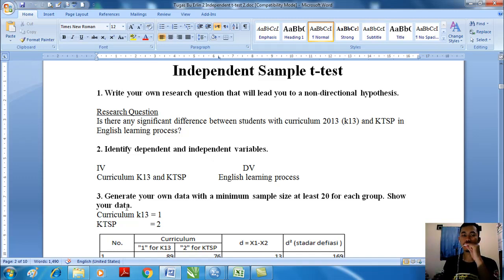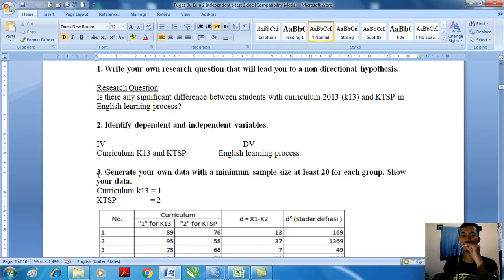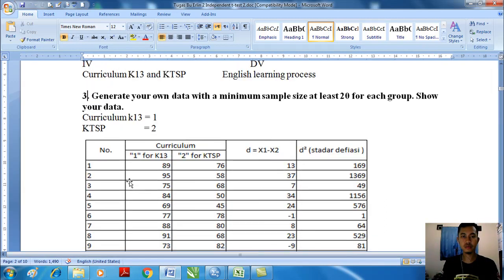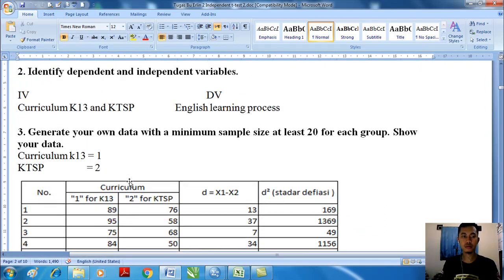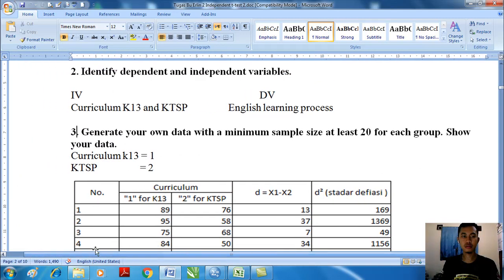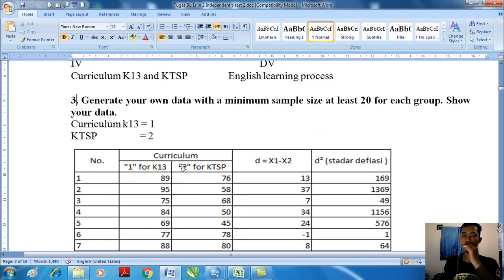Now, question number 3. Generate your own data with minimum sample size, at least 20 for each group. Show your data. Now, I already typed a score for each curriculum.